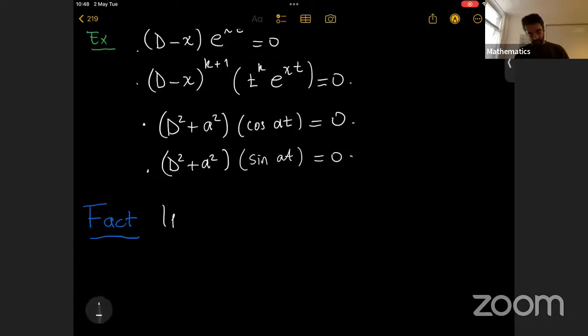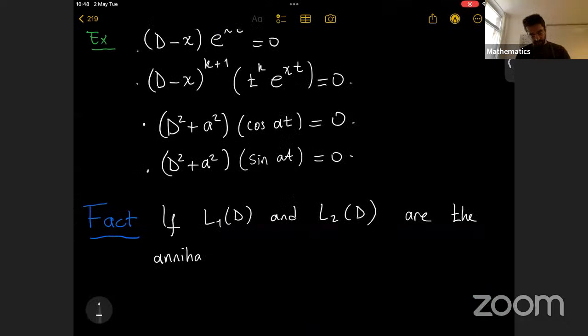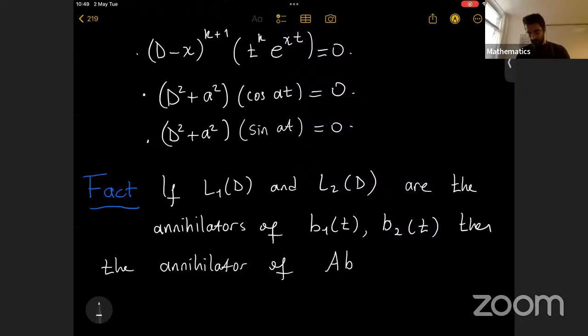Well, if L1(D) and L2(D), let's say these are annihilators of two different functions, B1(t) and B2(t), then the annihilator of A times B1(t) plus B times B2(t), where A and B are constants, okay.